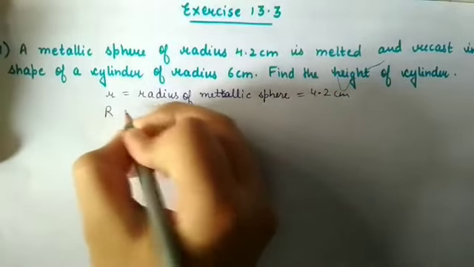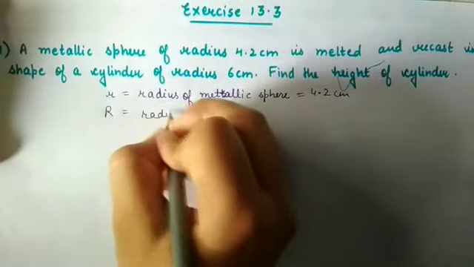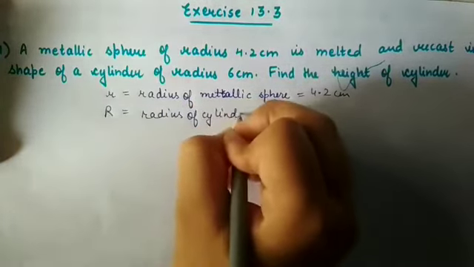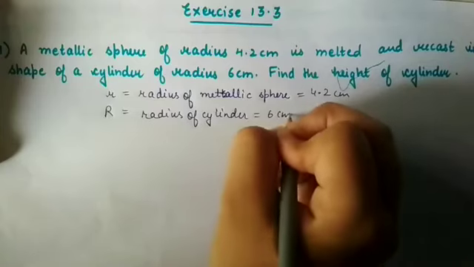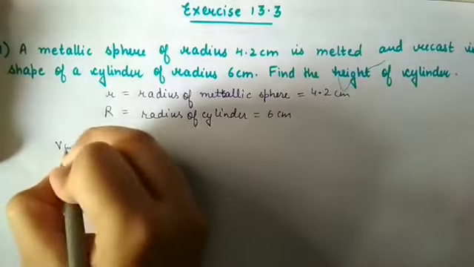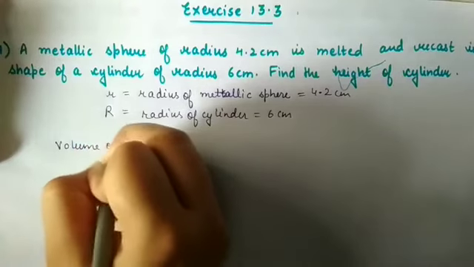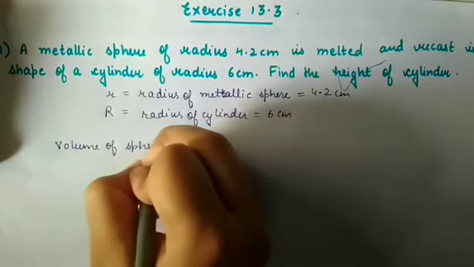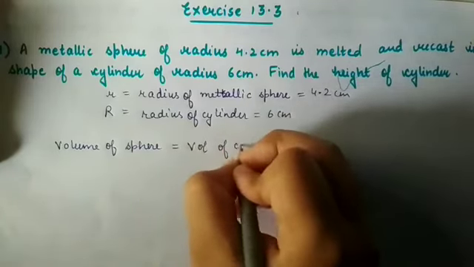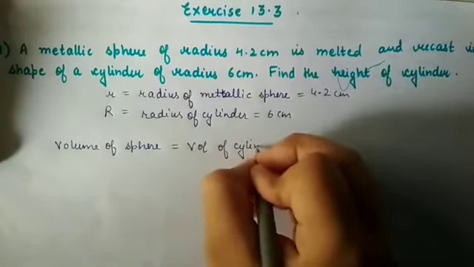And let capital R be the radius of cylinder. This is given to be equal to 6 centimeter. We have to find the height of cylinder. So we will equate volume of sphere with volume of cylinder. Now we will put the formula.